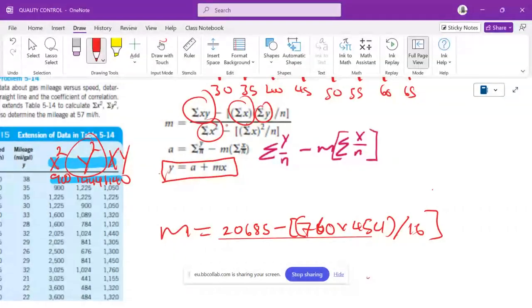You go back to your sum, it's the first one, which is 38,200, then minus open bracket the sum of x, which is 760, squared like this, over 16, close bracket. If you're not sure about something, you go back and confirm it, like your sum of x.